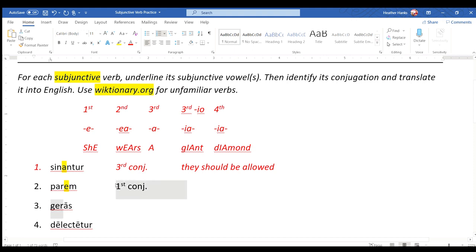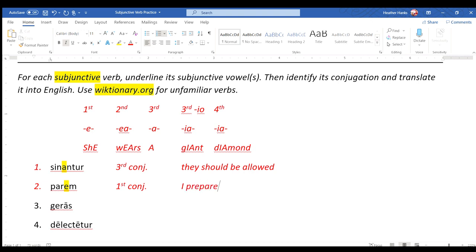And for the meaning, okay, it's first person singular, so it's going to be I. Paro, parare is to prepare.